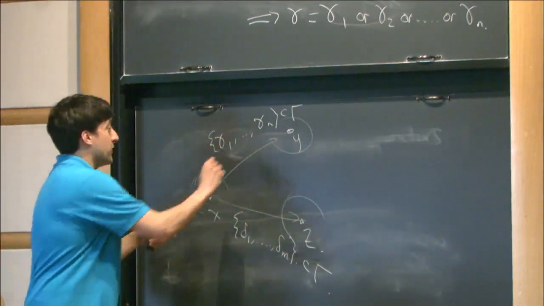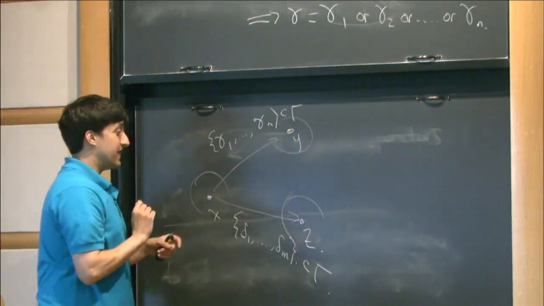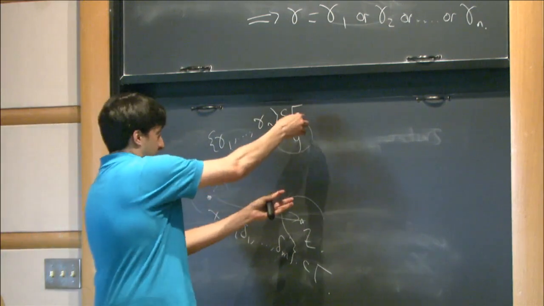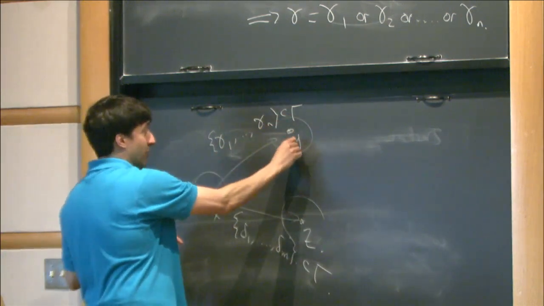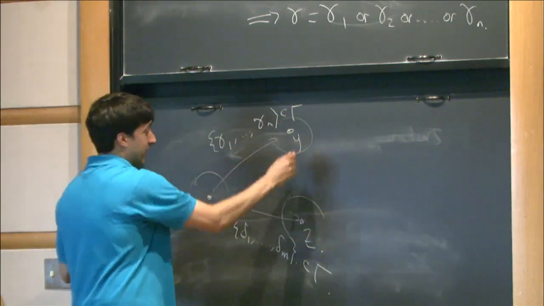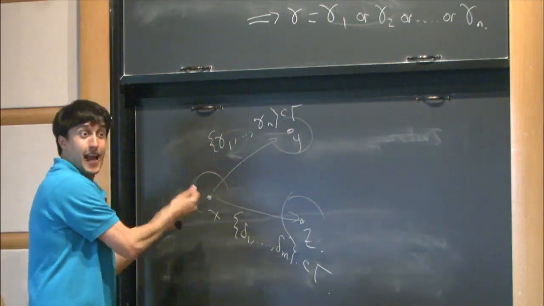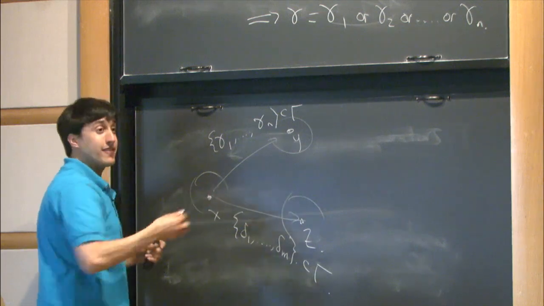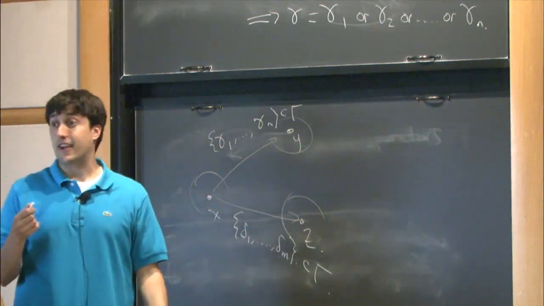So what you could do is go through all n of these gammas and all m of these deltas, and translate the ball of radius 1 centered at y by that element gamma and that element delta, and then test whether those 3 balls in the symmetric space have a common intersection point.